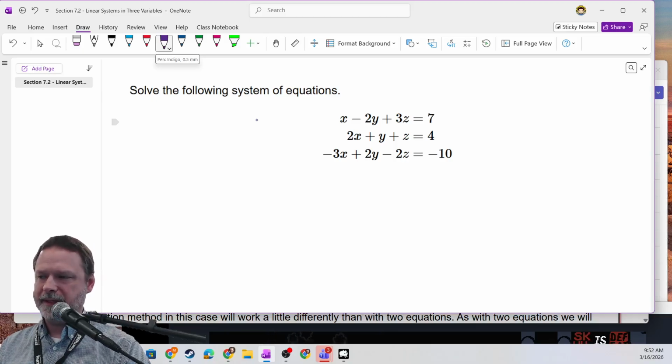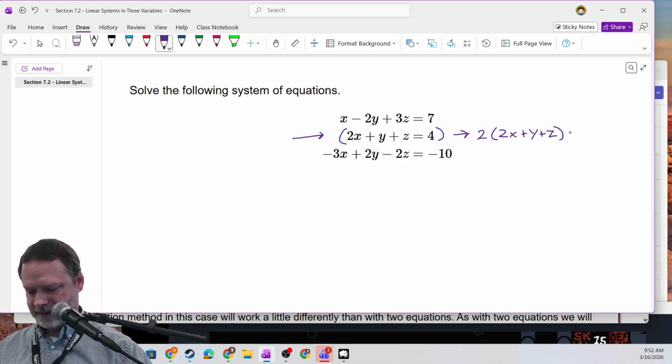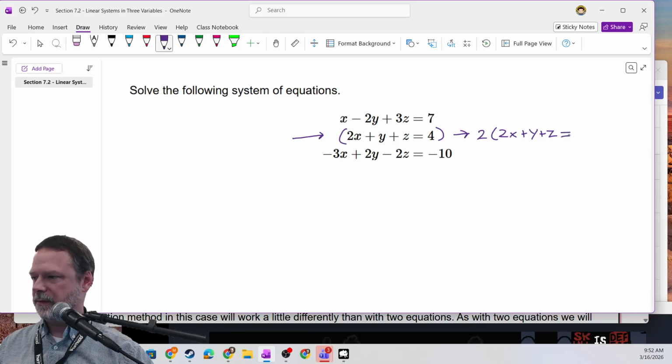That's always our strategy. And so the first thing I want to do is rewrite this middle one, and I'm going to multiply it by 2. So we're going to get 2 times that guy, 2x plus y plus z equals 4.